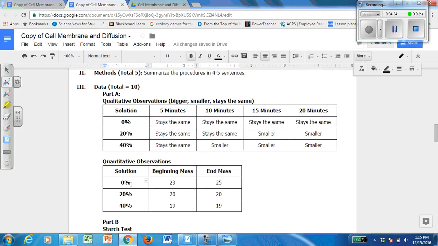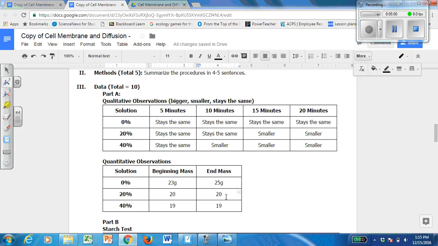So the 0% solution, if we were to weigh it out, we started with 23, ended with 25. And these are grams. Make sure you put grams in there. G for grams, 25 grams. In the 20%, it looks like it stayed the same. 40% stayed the same.